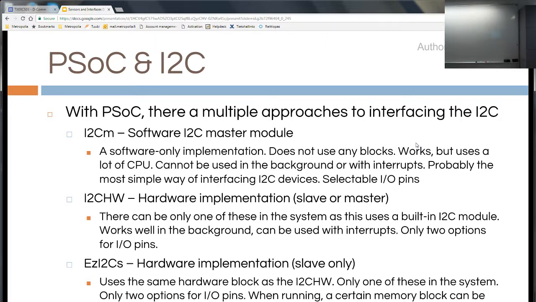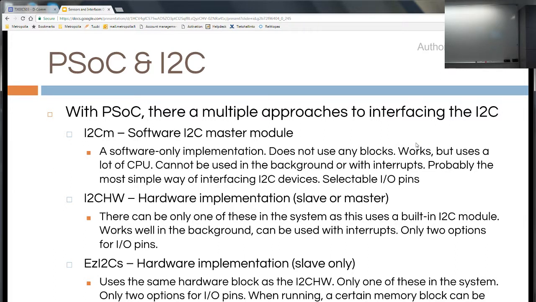And yes, of course, I wouldn't tell you anything about I2C, or not that way, if it wasn't on PSOC already. Okay, there are different modules. One is the software master module, basically. That gives you freedom to use any port pins for that transmission.